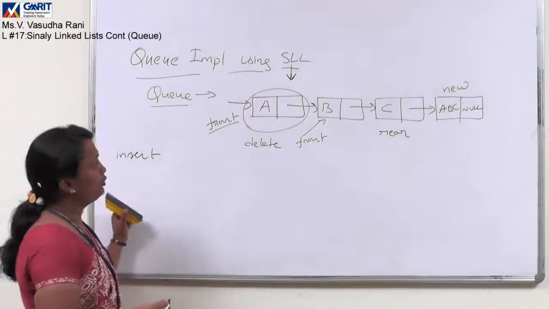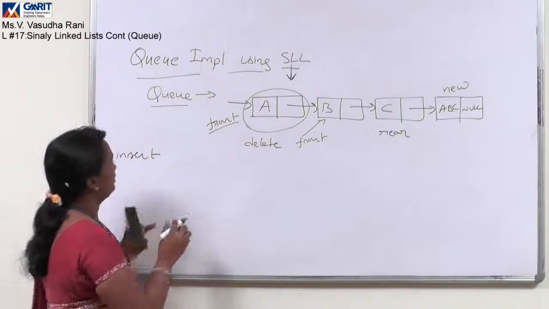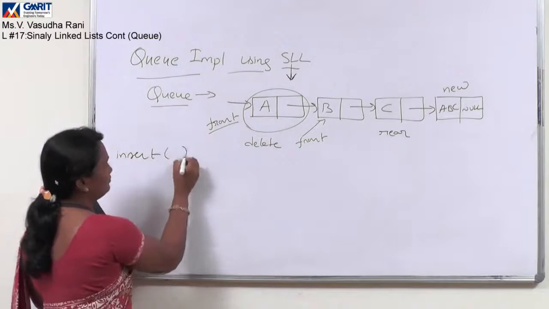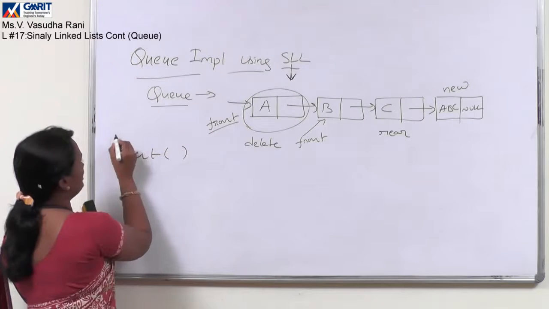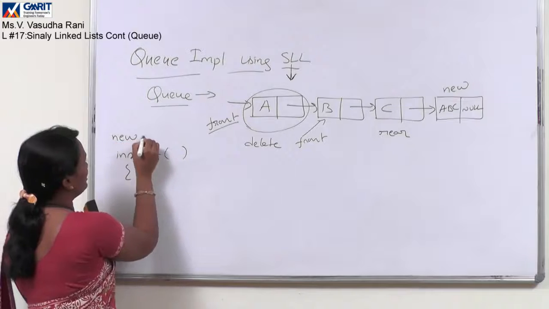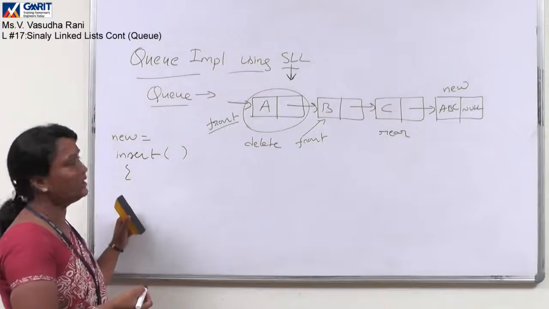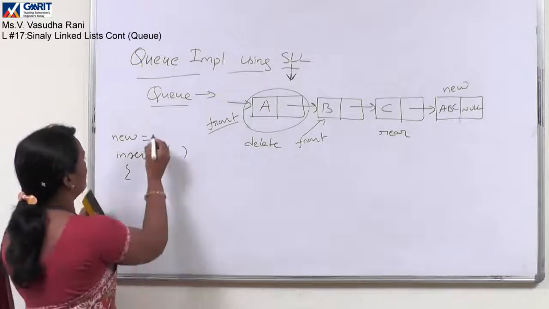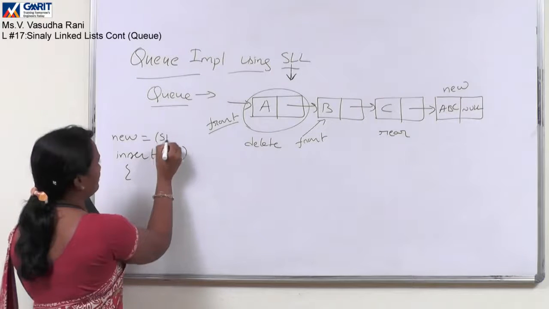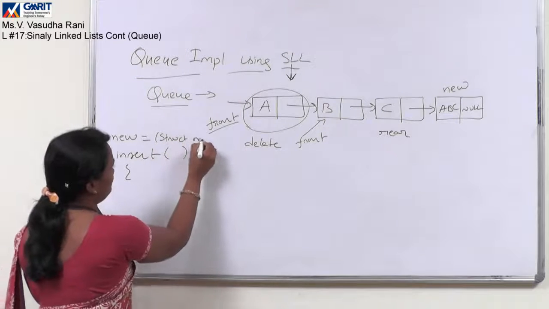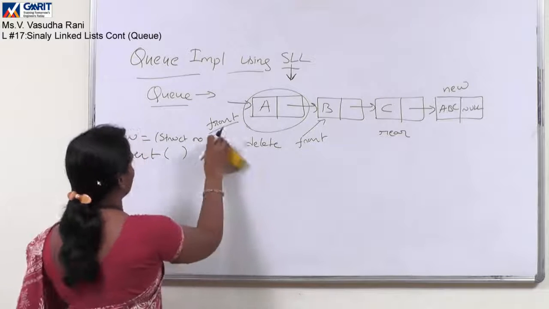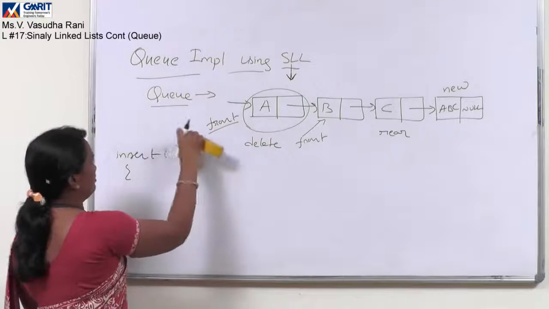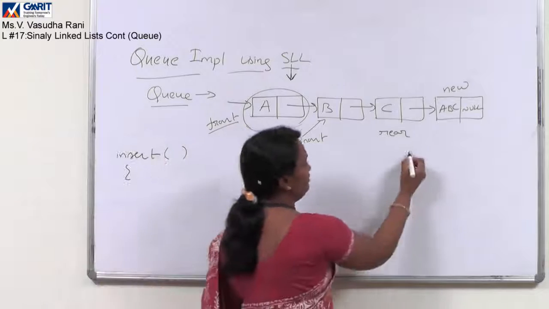So we will get the operations: inserting a new node into the queue. So the new node, we know that we have to assign memory for that. Let's write this for new node creation.